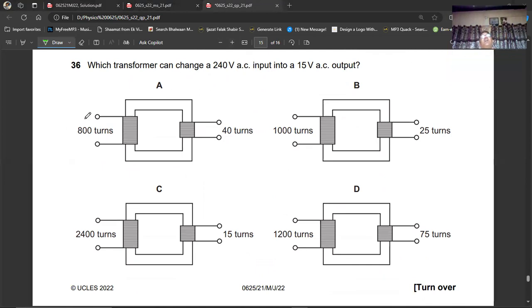Which transformer can change a 240 volt AC input into a 15 volt AC output? Okay, so the voltage in the secondary is 15 volt, the voltage in the primary is 240 volt. So I can find the ratio Vs by Vp, and I will find the Ns by Np in all of them.